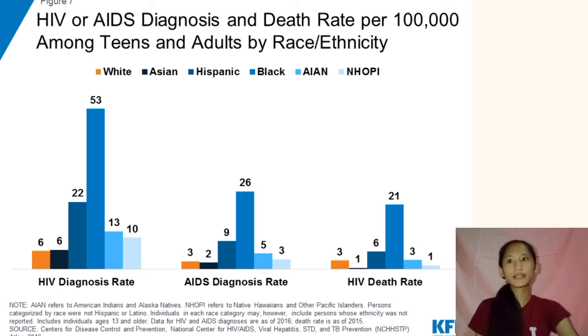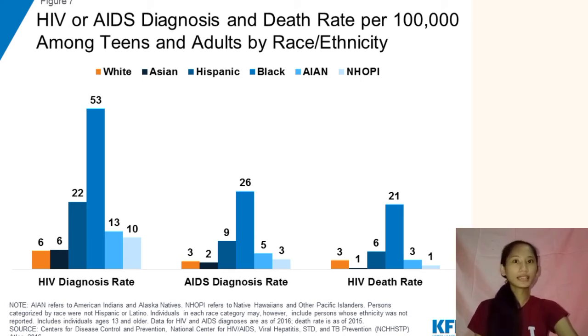The figure shows that white people in HIV diagnosis rate for 2016 has the lowest rate, and the Hispanic people, represented by the color blue, have the highest diagnosis rate for 2016.